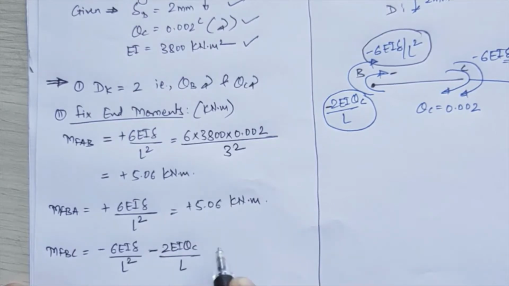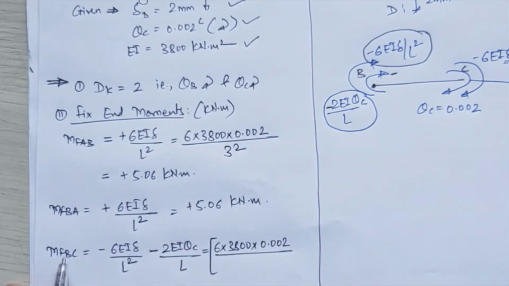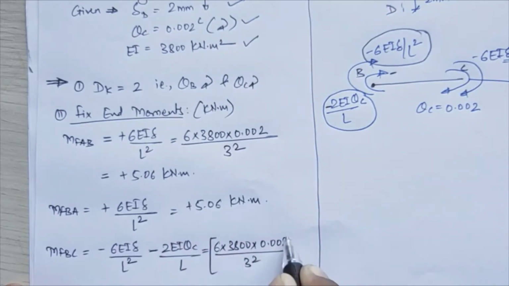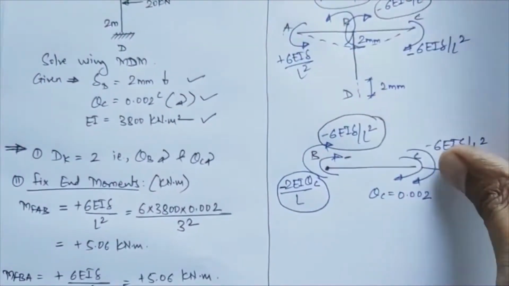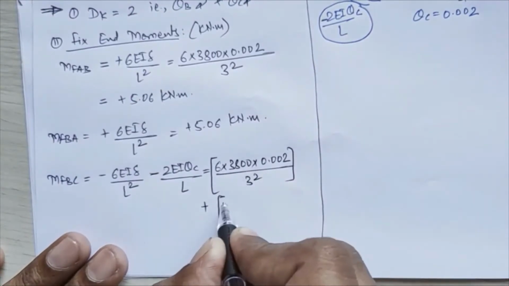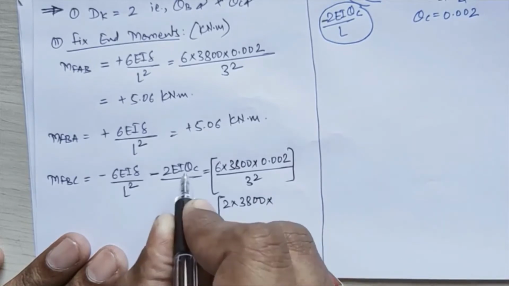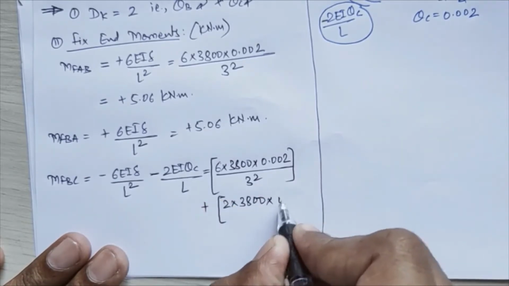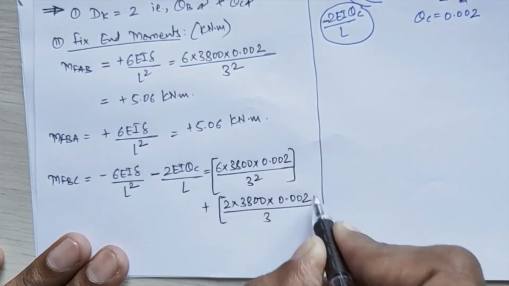Okay, so we'll substitute these values, that is 6 into 3800 into delta, that is 0.002, divided by L square. L of BC is again 3, so 3 square, plus the second value, 2 into EI, again 3800, into theta C, again 0.002 radians, divided by L, that is equal to 3.